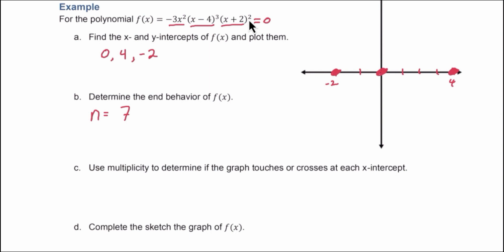That means that opposite things are going to happen. One end will point up and one end will point down. We're not sure yet until we look at the leading coefficient, a sub n. A sub n in this case is -3. Leading coefficient is negative.